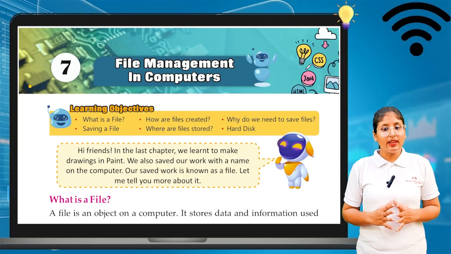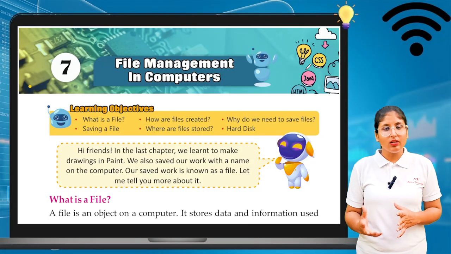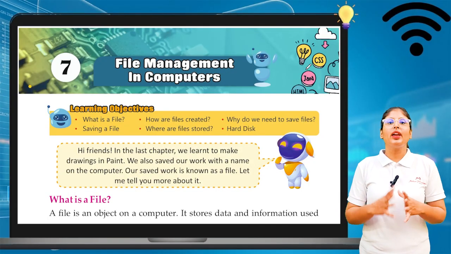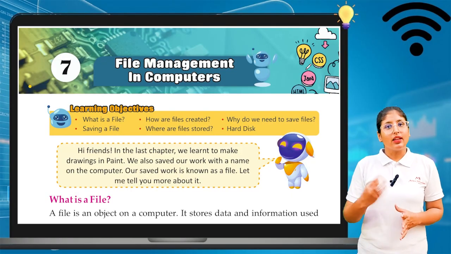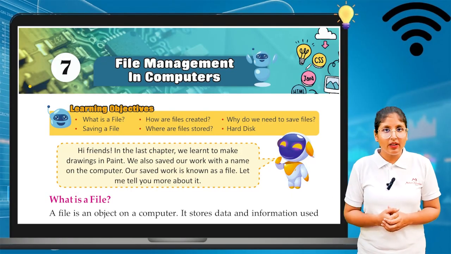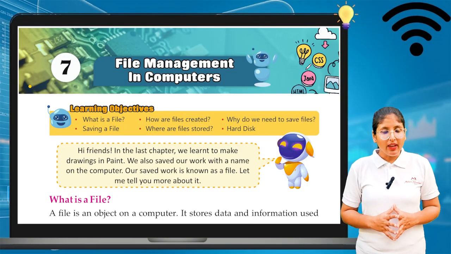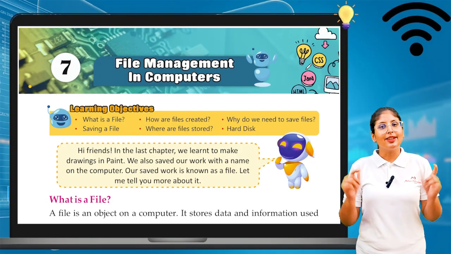And then we will see how we can store your data, anything that is important. There should be a device in the computer to store your information, to store your data. So we will see all these things in this chapter.